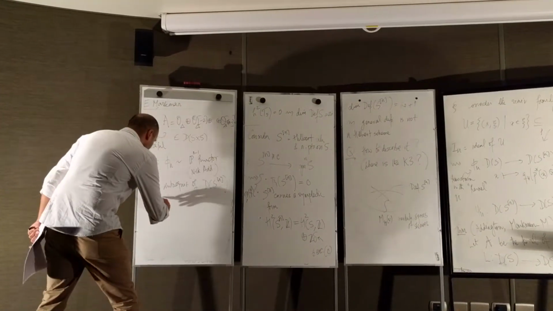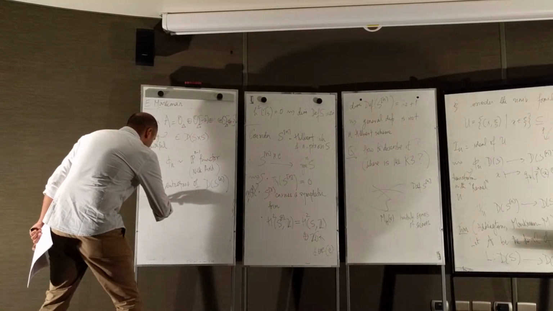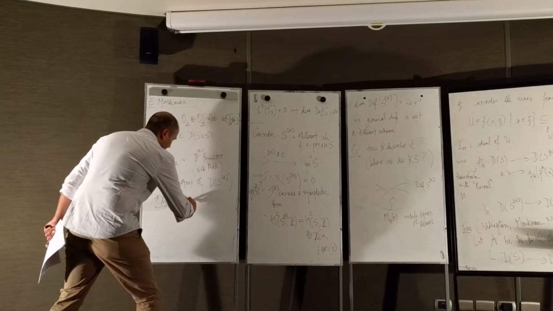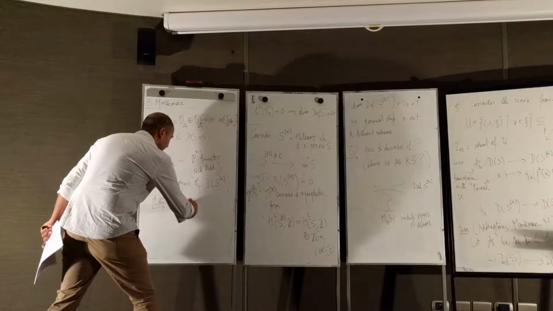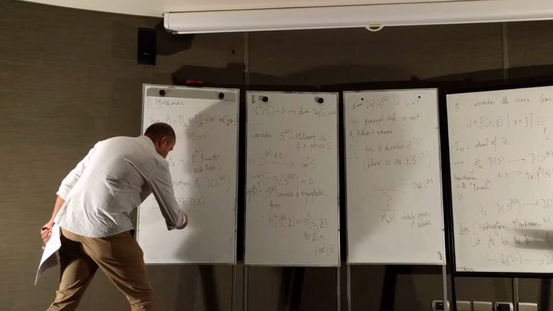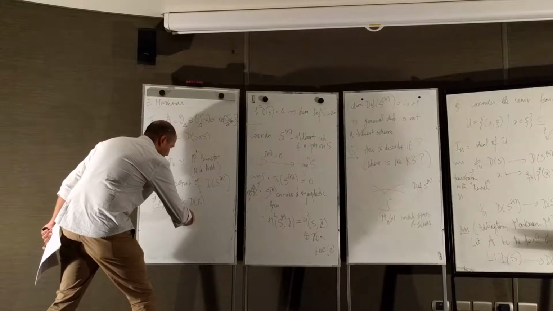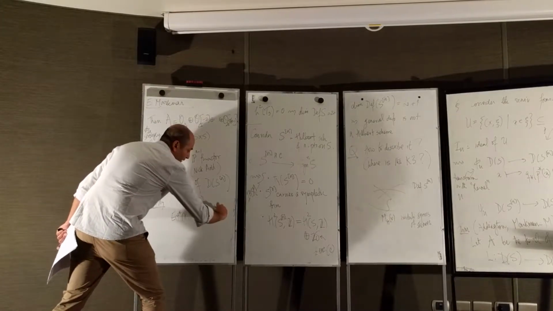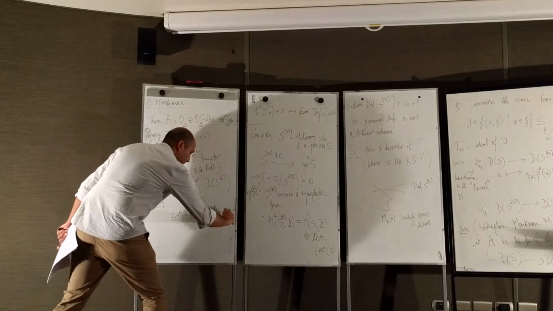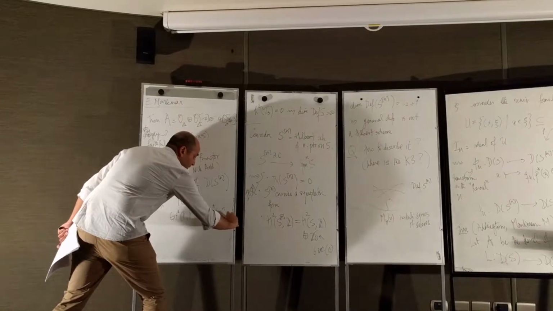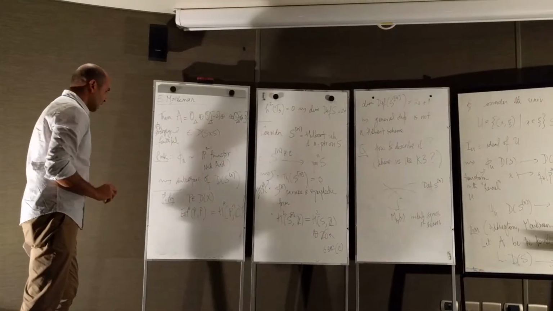A P^n object P, let's say, in a derived category, is an object whose Ext algebra is the cohomology algebra of a complex projective space.